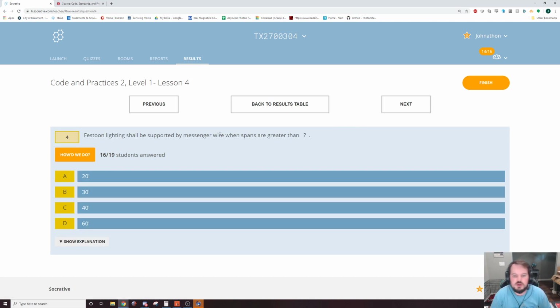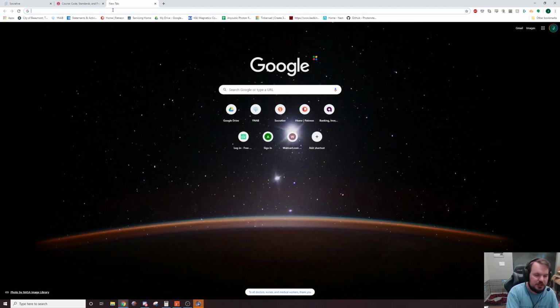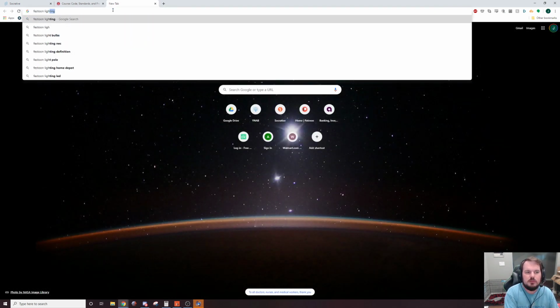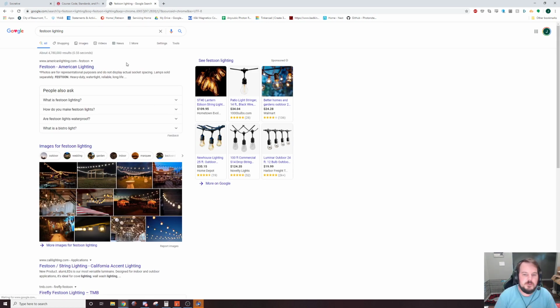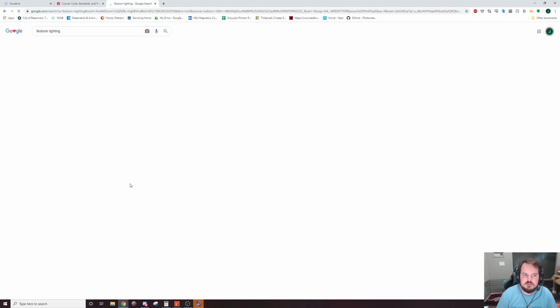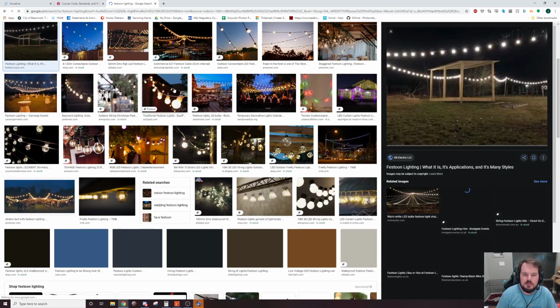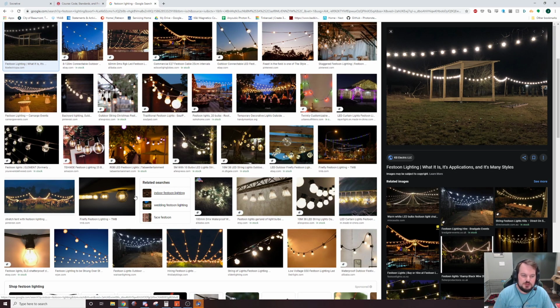Festoon lighting shall be supported by messenger wire when spans are greater than what? So festoon lighting is going to be in outside branch circuits. What festoon lighting is, let me show you a couple pictures. This is festoon lighting. So all of this is festoon lighting. It's the stuff you see at Luke's when you go there that's just strung up.